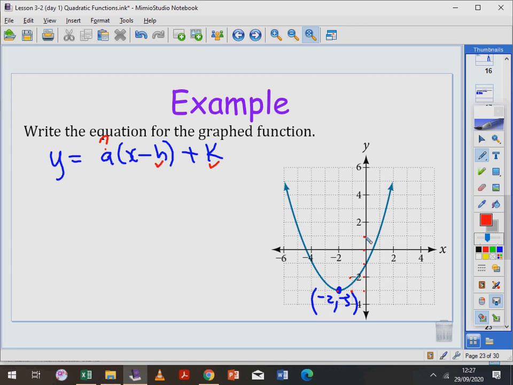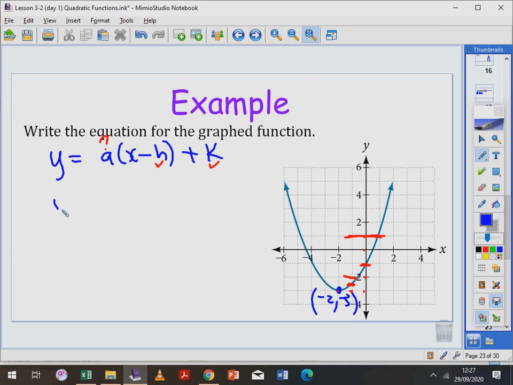But I hope you can see that it's the opposite. 1 movement to the right is followed by half a movement on the y-axis. 2 movements on the x-axis are followed by 2 movements on the y-axis, which was supposed to be 4, by the way. It's supposed to be 4, but it's at 2. This one is supposed to be 1, but it's at half. So I hope you can see that in that case, the a value is going to be half.